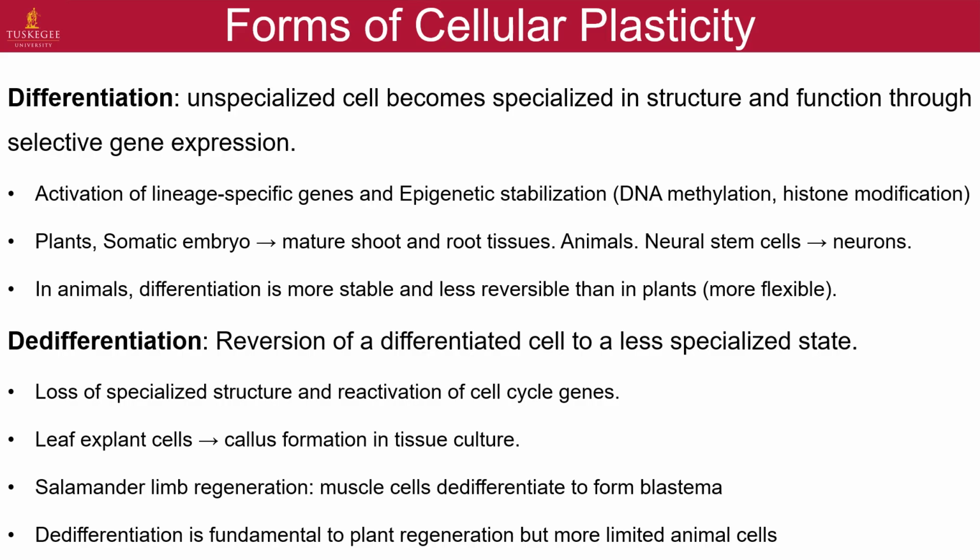Again, here there is a note that de-differentiation is fundamental in plant regeneration, especially callus formation. But in animals, it's always rare and restricted. Most of the time, it's induced artificially.